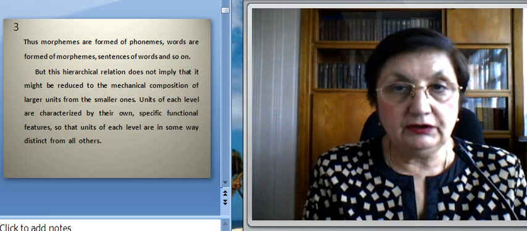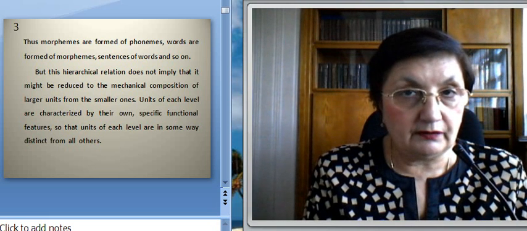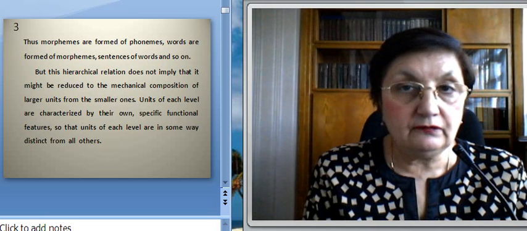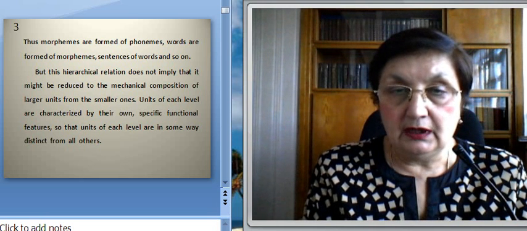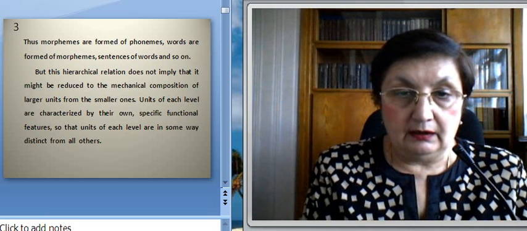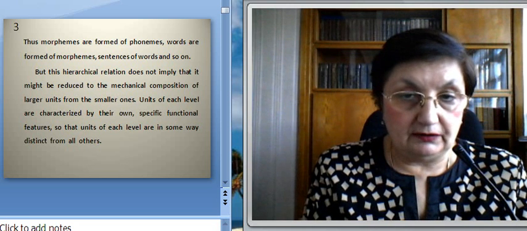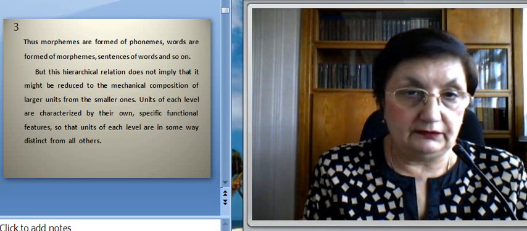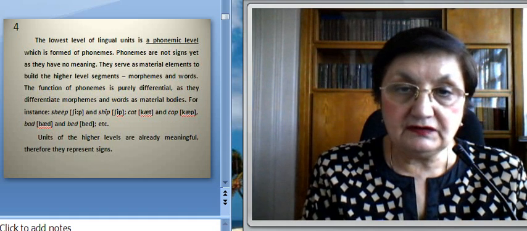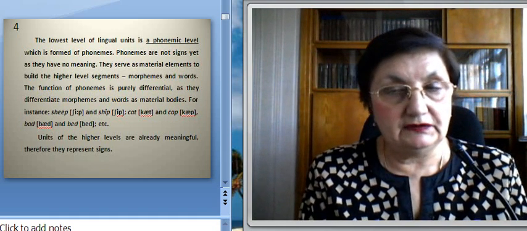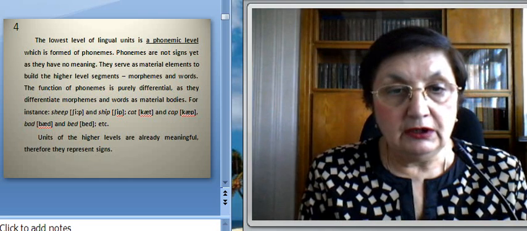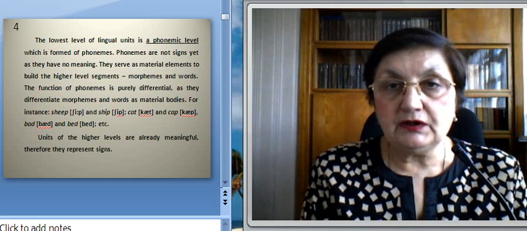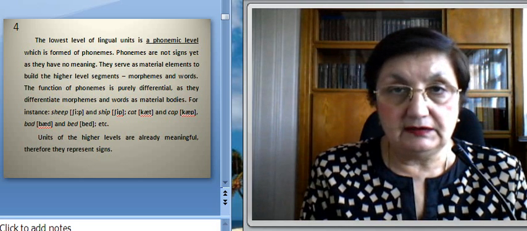Units of each level are characterized by their own specific functional peculiarities, so that units of each level are in some way distinct from all others. The lowest level of lingual units is a phonemic level, which is formed of phonemes. Phonemes are not signs here, as they have no meaning.